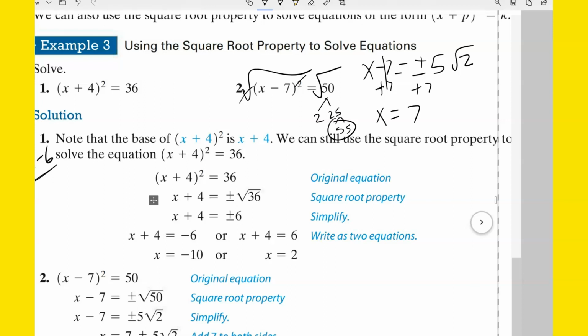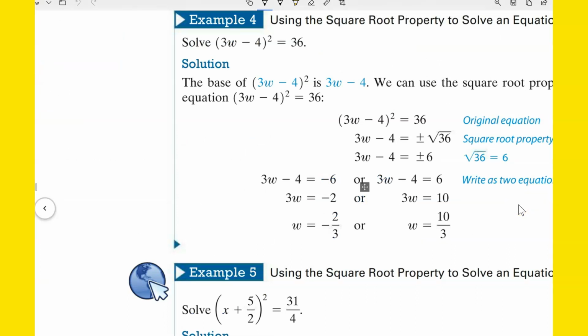I put the 7 first, then plus or minus 5 root 2. So I just put the 7 in front of that plus or minus 5 root 2, and it's 7 plus or minus 5 root 2. So 7 plus 5 root 2 is an answer, and 7 minus 5 root 2 is another answer. But this is how you can write it as a shorter way to write that. Next example.